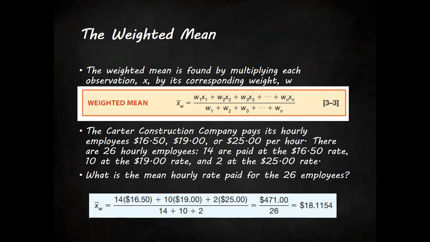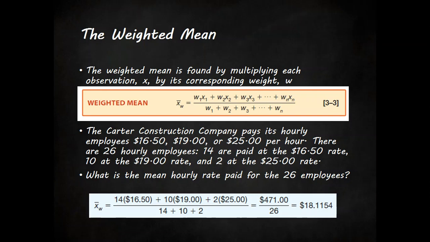For instance, Carter Construction Company pays its hourly employees $16.50, $19, or $25 per hour. There are 26 hourly employees. 14 are paid at 16.5, 10 are paid at 19, and 2 are paid at $25. So what is the mean hourly rate paid for the 26 employees?